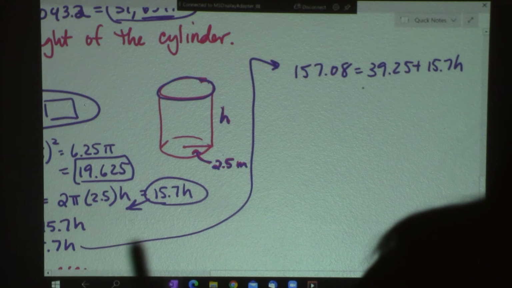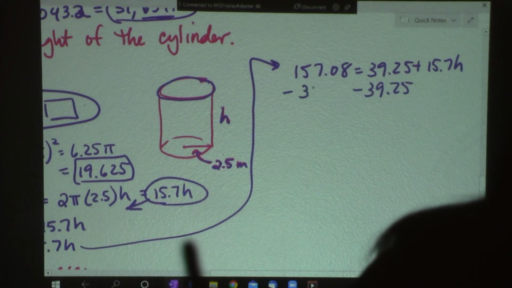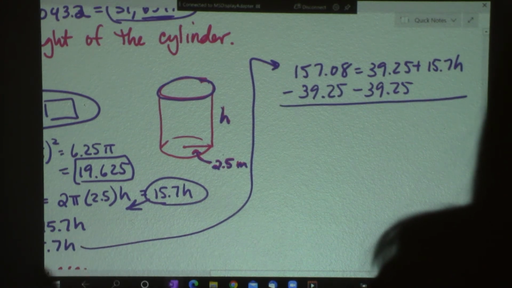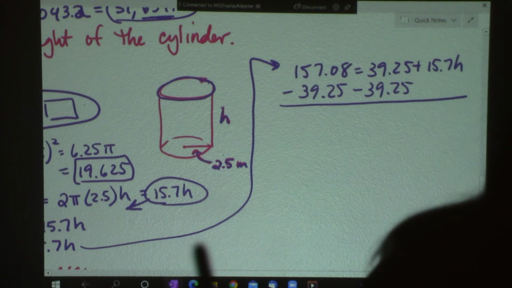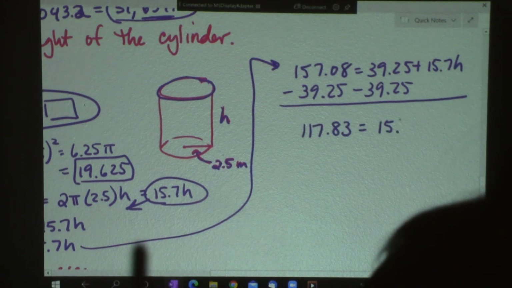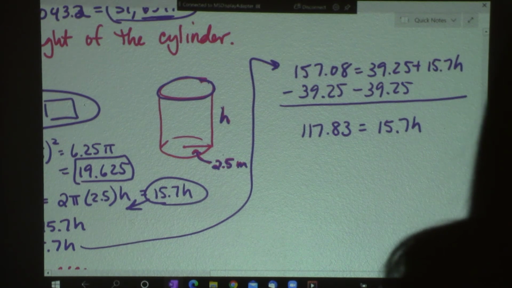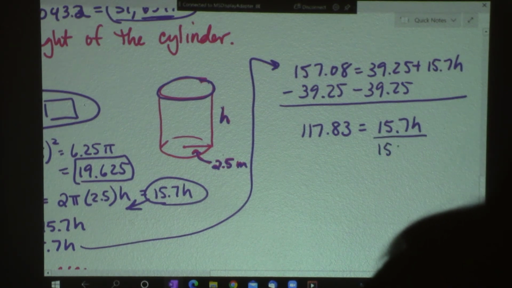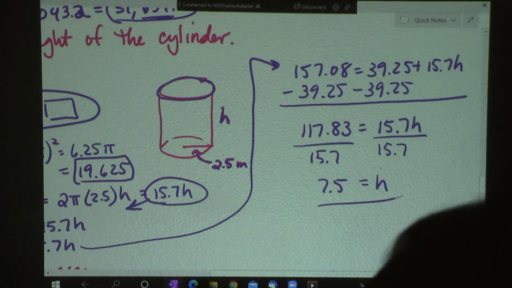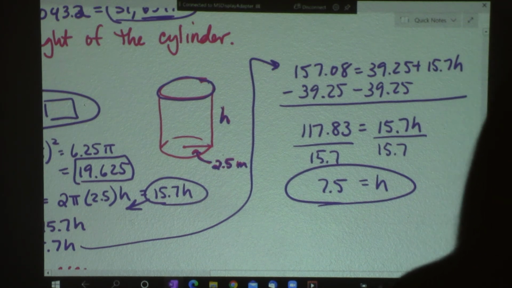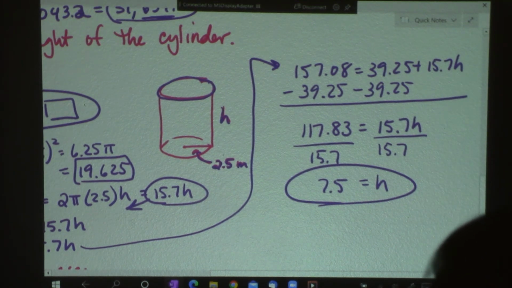I'm going to solve for h, so I'm going to subtract 39.25 on both sides, and I get 117.83 equals 15.7h. All right, and now I divide by 15.7 on both sides, and I get 7.5. So the height of the cylinder is 7.5.